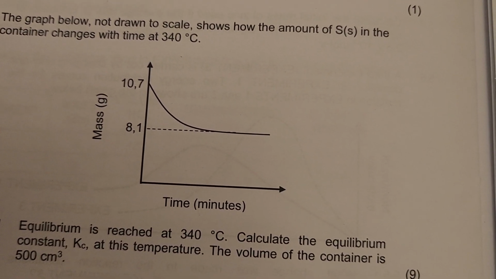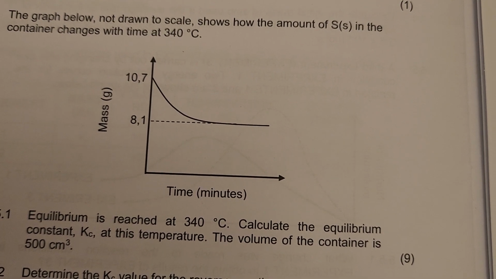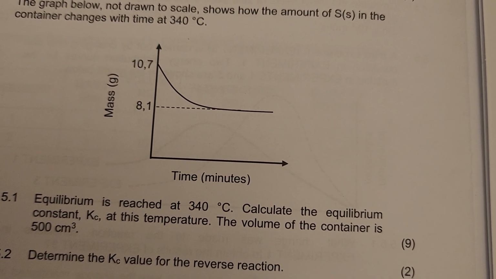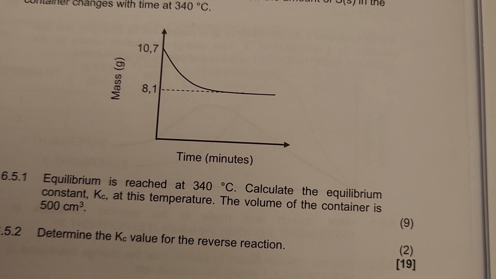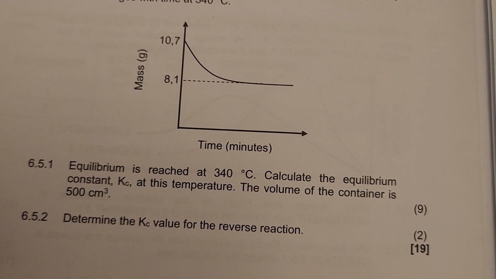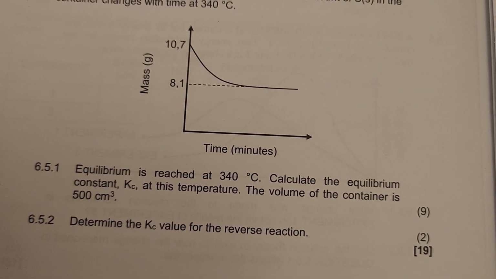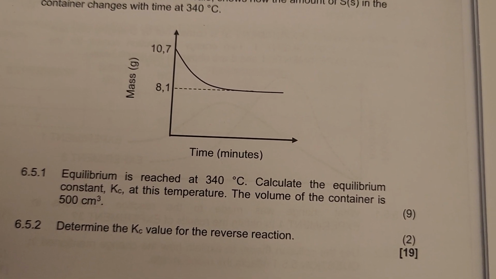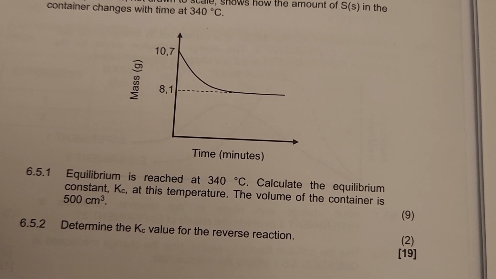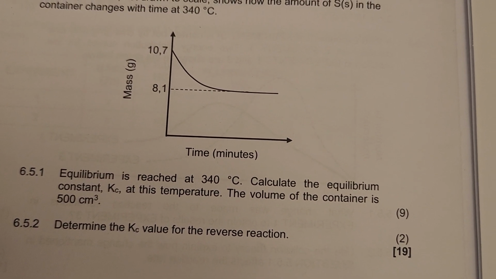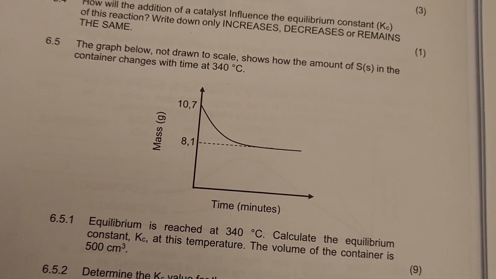Therefore, equilibrium is reached at 340 degrees. Calculate the equilibrium constant at this temperature. The volume of the container is 500 cubic centimeter. We convert it immediately to say the volume of the container has to be now 0.5 dm cube because we are not going to use cubic centimeter.